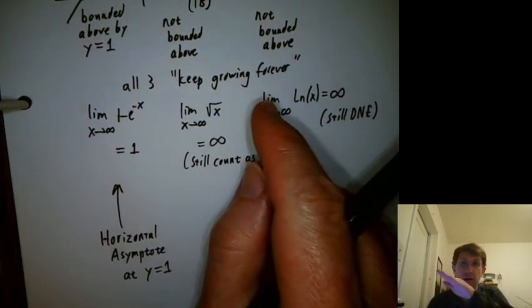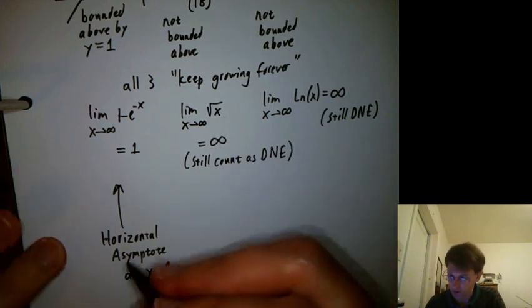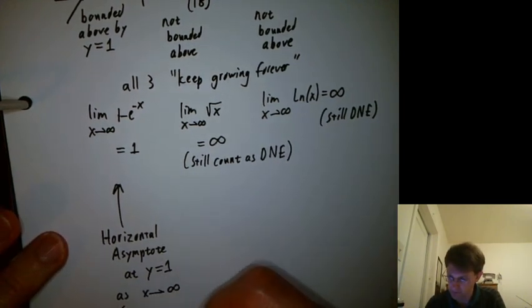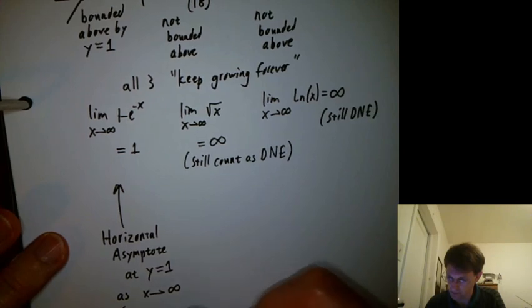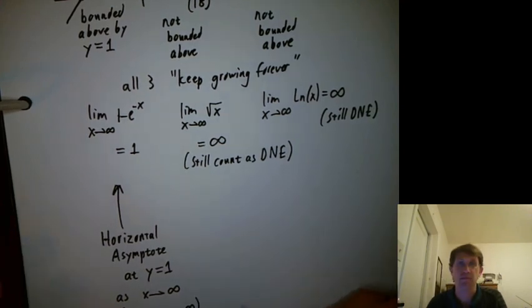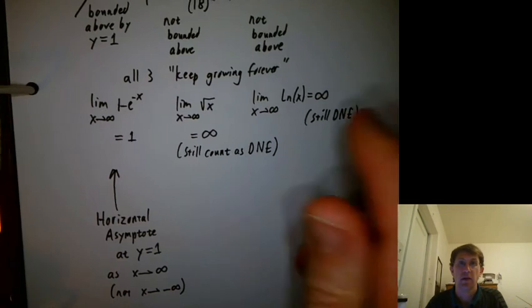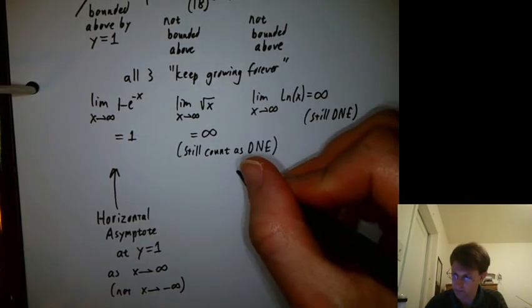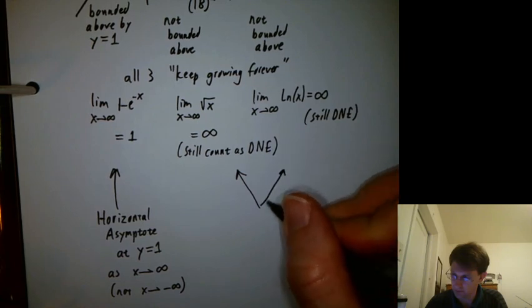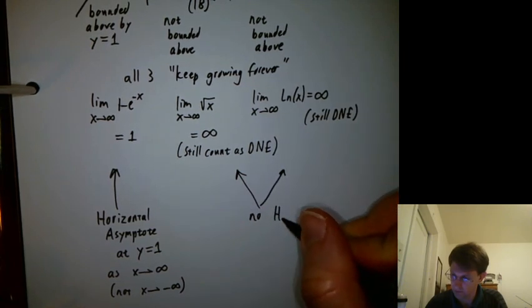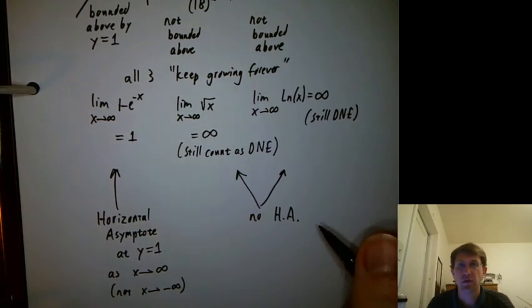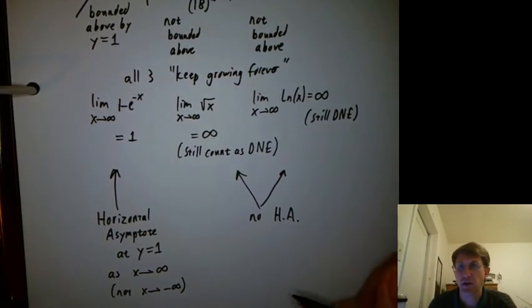Going to negative infinity, that curve just dives toward negative infinity. Whereas these don't have horizontal asymptotes. So next we'll think about an interesting question about horizontal asymptotes.